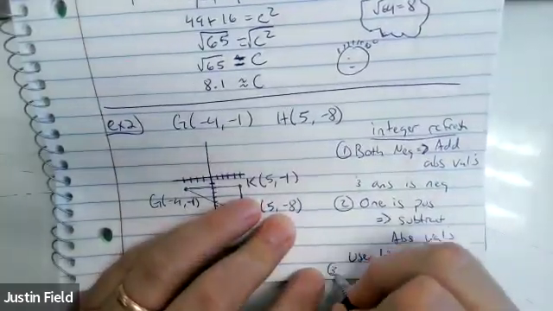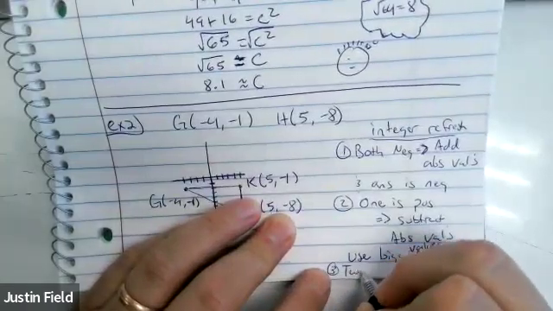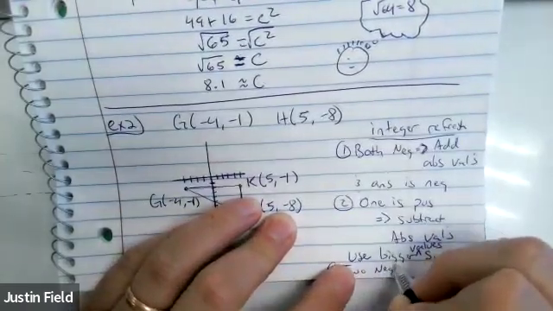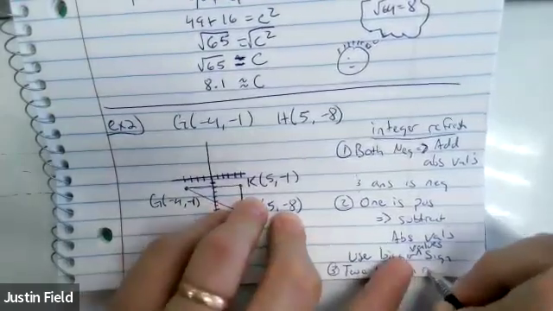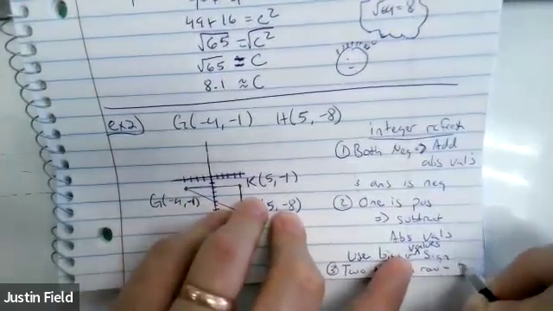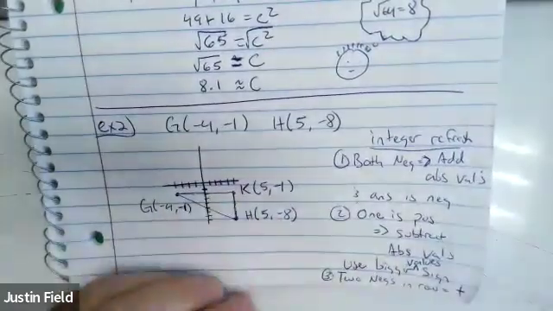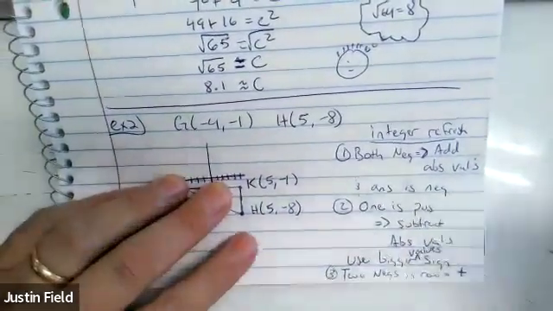And the third rule: two negatives in a row equal a positive. You know about that? Okay.